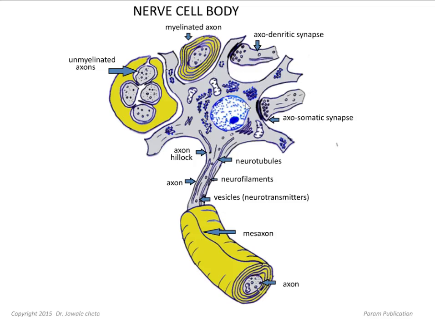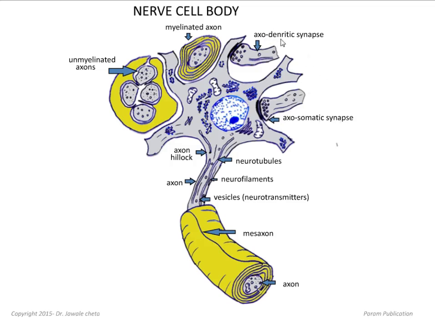In the central body of the nerve cell, there is a centrally located nucleus, cell organelles, Golgi bodies, mitochondria, and dendrites of another neuron are joined with this neuron through axosomatic synapse.